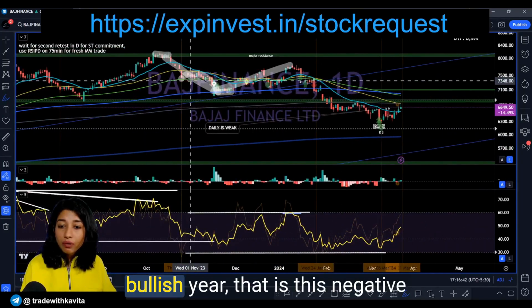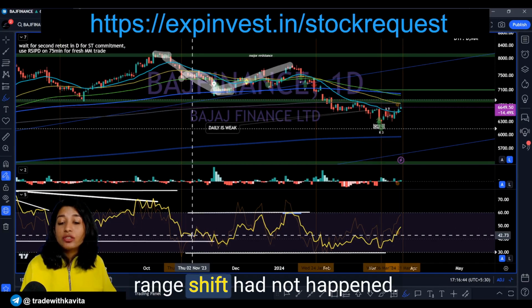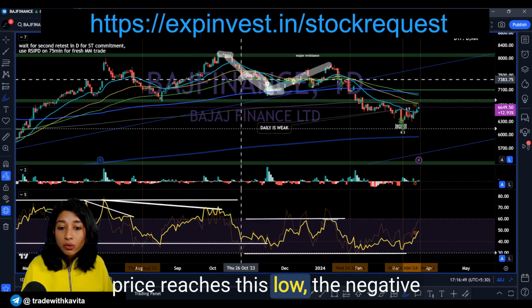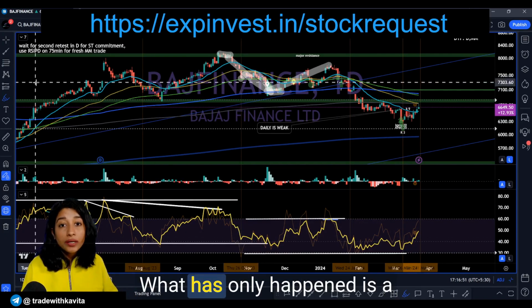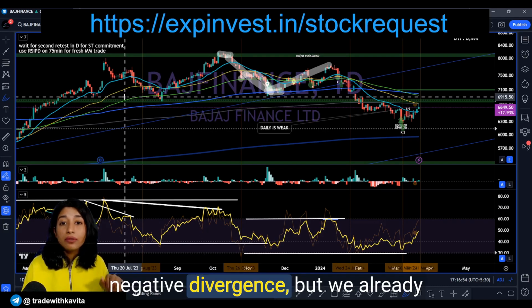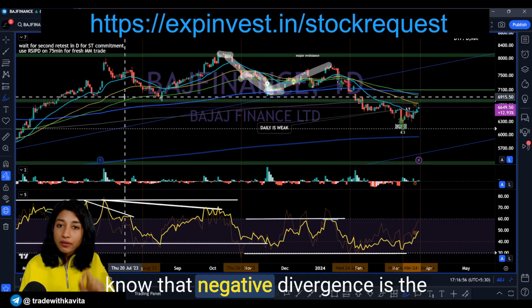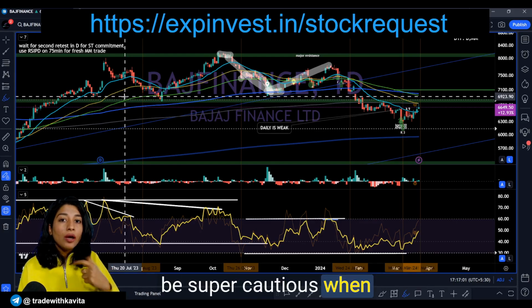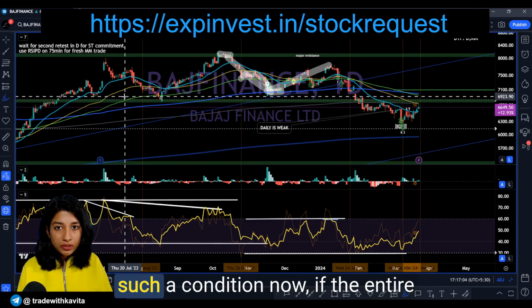If the daily time frame were bullish here, that is, if this negative range shift had not happened. And mind you, by the time the price reaches this low, the negative range shift hasn't happened. What has only happened is a negative divergence, but we already know that negative divergence is the beginning of a negative range shift. So you should be super cautious when taking a trade setup in such a condition.